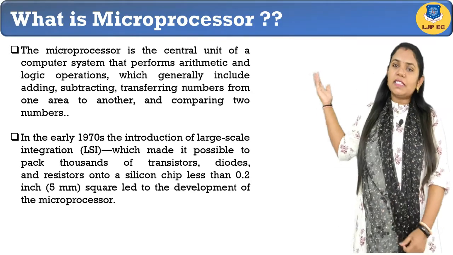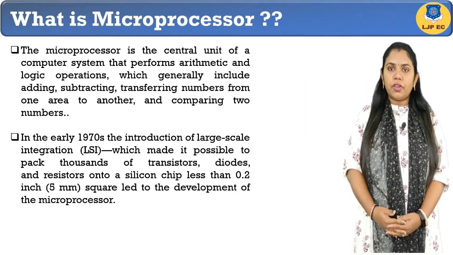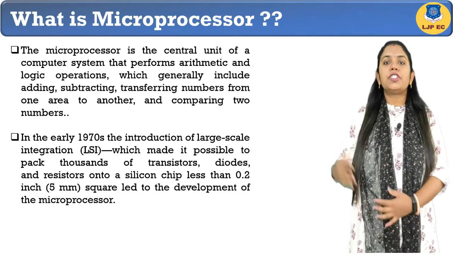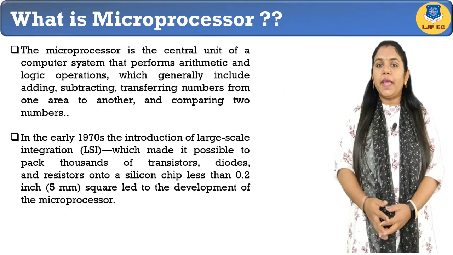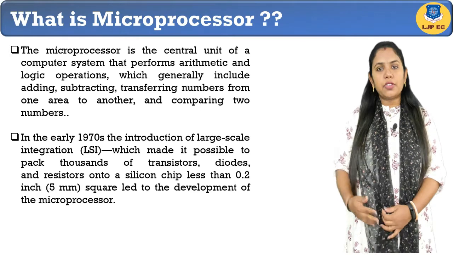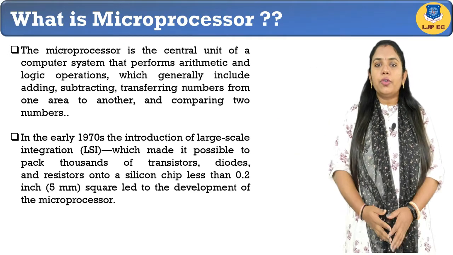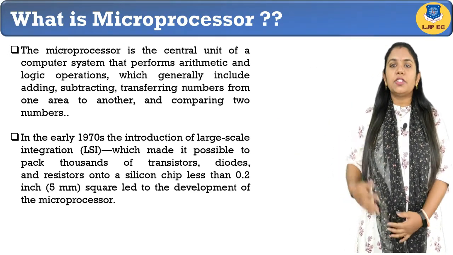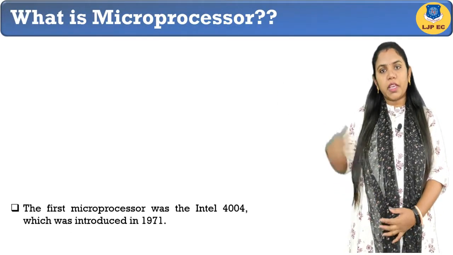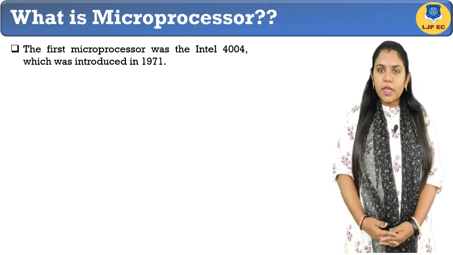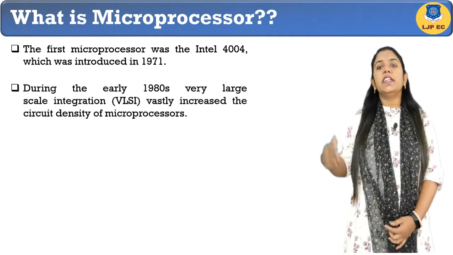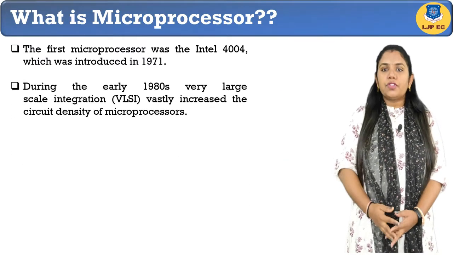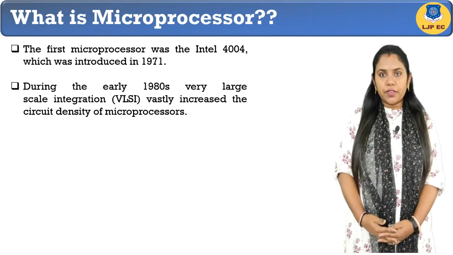In the early 1970s, the introduction of large-scale integration made it possible to pack thousands of transistors, diodes and resistors onto a silicon chip less than 0.2 inch square, which led to the development of the microprocessor. The first microprocessor was the Intel 4004, which was introduced in 1971.